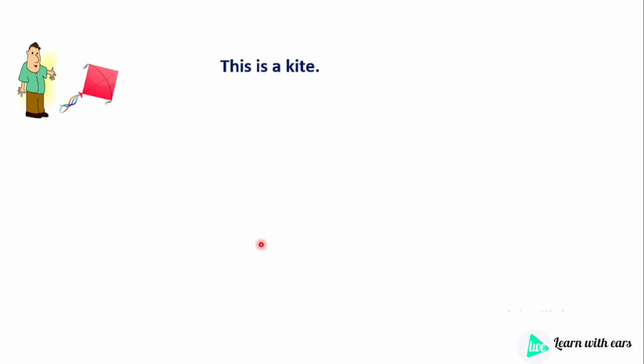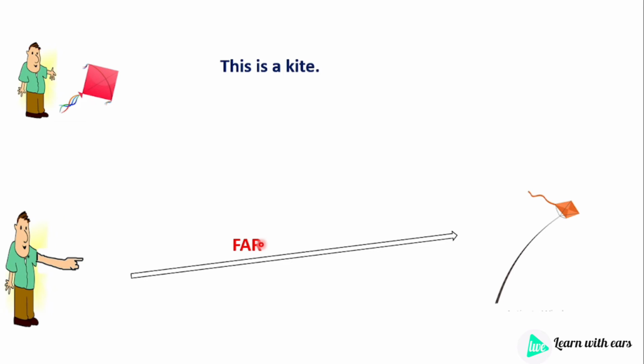This is a kite. Far. That is a kite. Here, something is here. Okay, near, here we use this. Something is there. There, far, we use that.